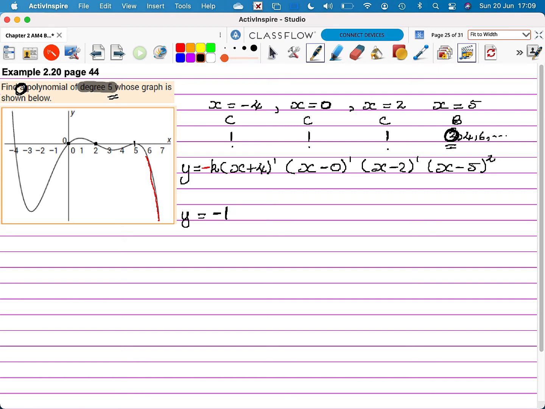So it's minus 1 on x plus 4 on x minus 2 on x minus 5, all to be squared. And that's the end of that problem.